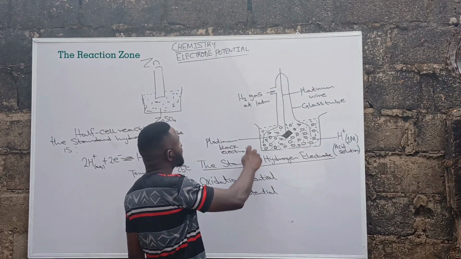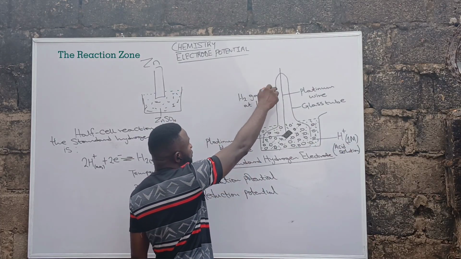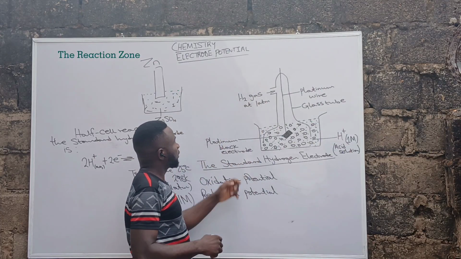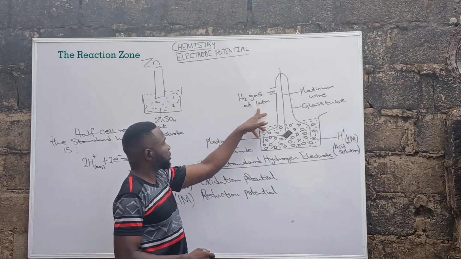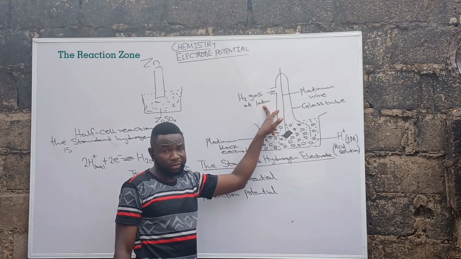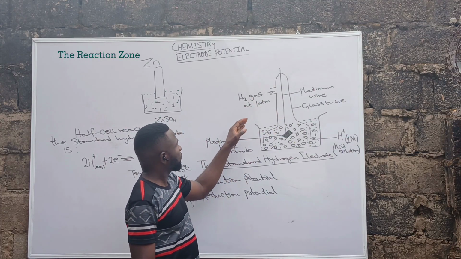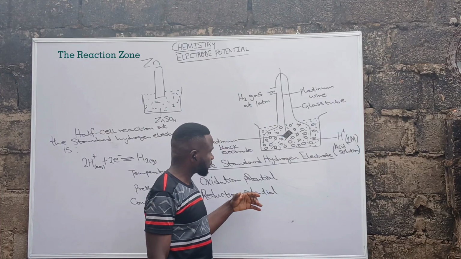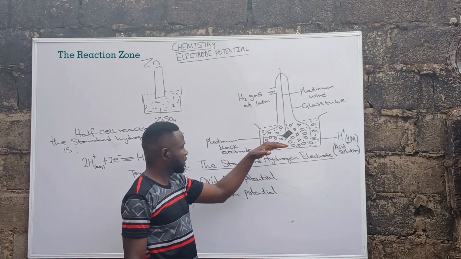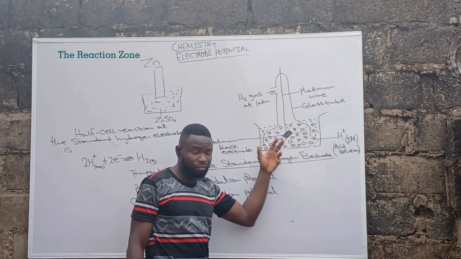And then hydrogen gas is bubbled into it through this opening. That hydrogen gas must have a pressure of 1 atmosphere. Now, when this happens, what you have is the standard hydrogen electrode.